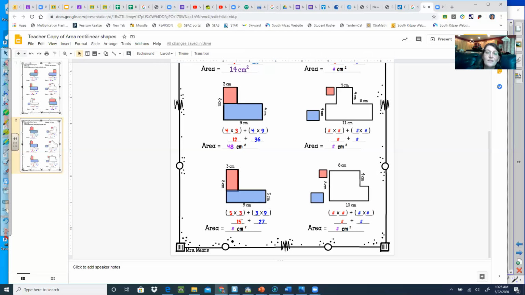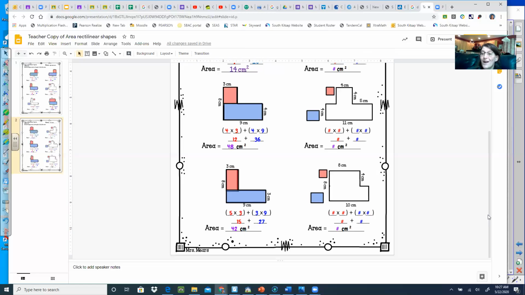Okay, 7 plus 5 is 12. And then 2 plus 1 plus the 1 that I carried is going to be 4. So 42. So those are the 2 on that slide that I'm doing with you.